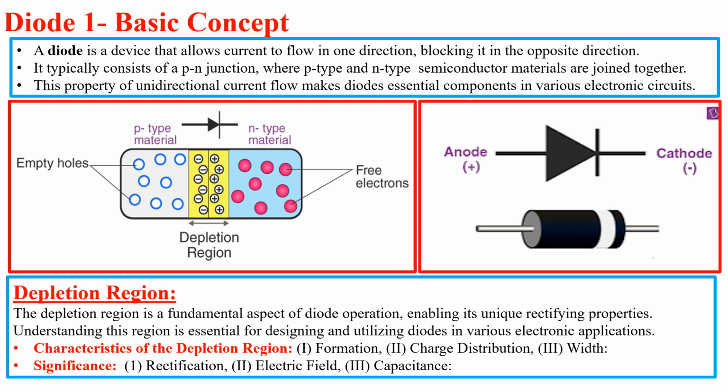The mechanism of the diode primarily revolves around its structure, which consists of a p-n junction. At the junction, electrons from the n-type material combine with holes from the p-type material, creating a depletion region.